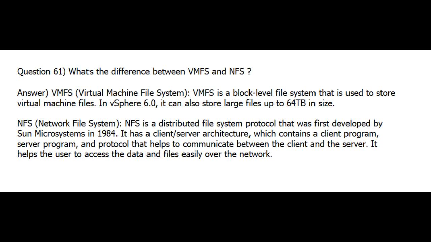NFS, Network File System. NFS is a distributed file system protocol that was first developed by Sun Microsystems in 1984. It has a client-server architecture, which contains a client program, server program, and protocol that helps to communicate between the client and the server. It helps the user to access the data and files easily over the network.